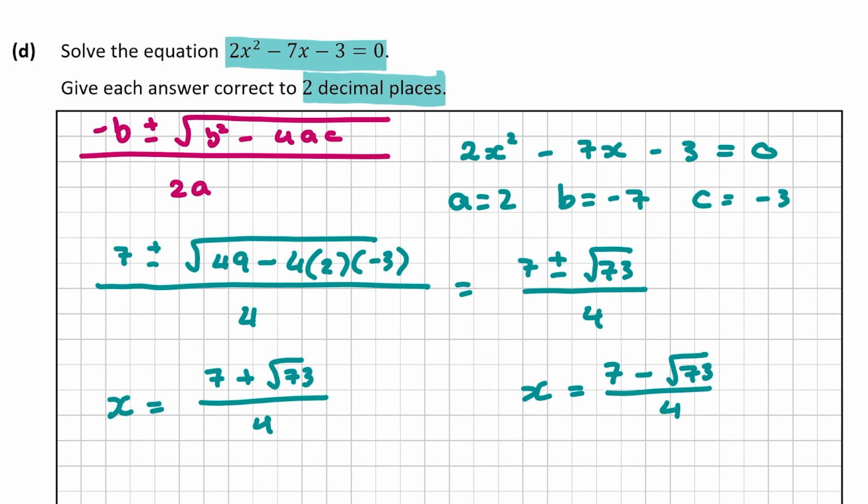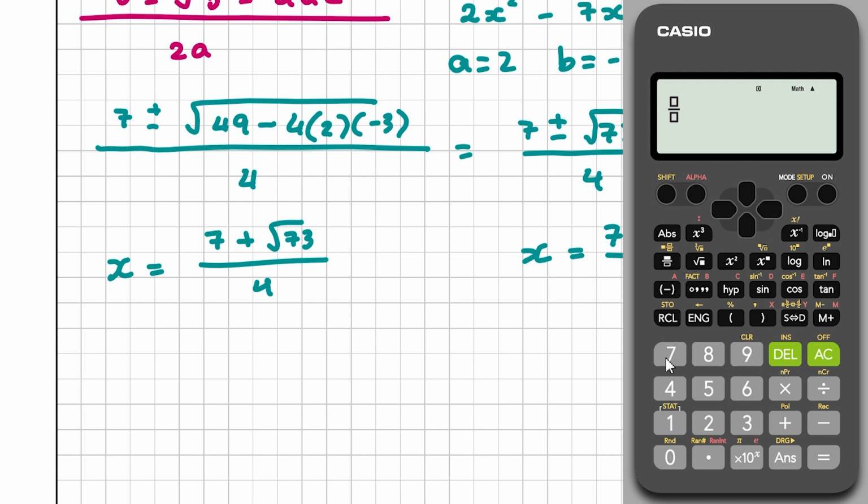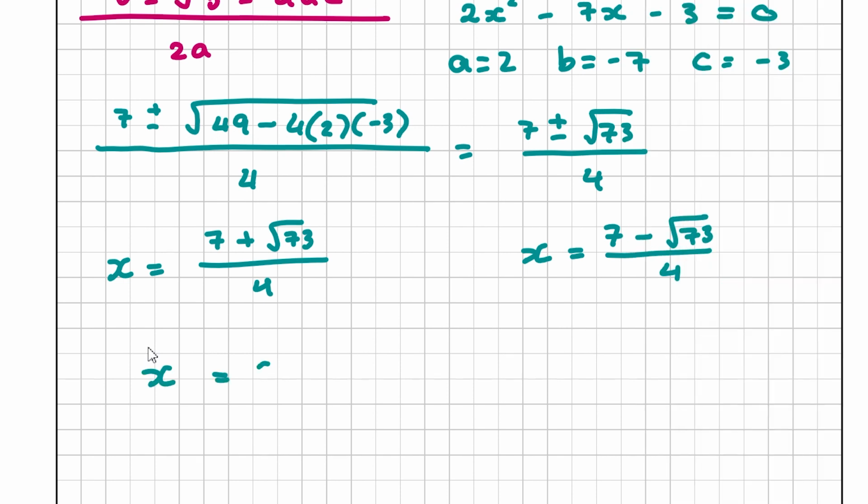So let's work these out using the calculator. So first of all, I'm going to find out 7 plus root 73 all over 4. And correct to 2 decimal places, that is 3.89.